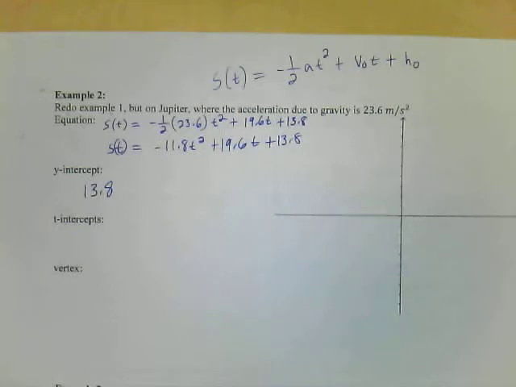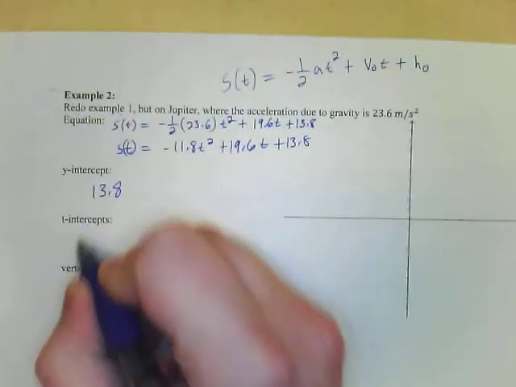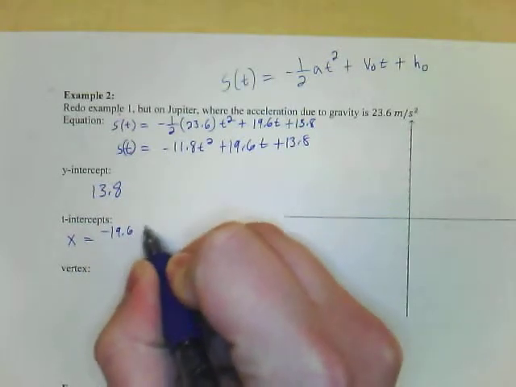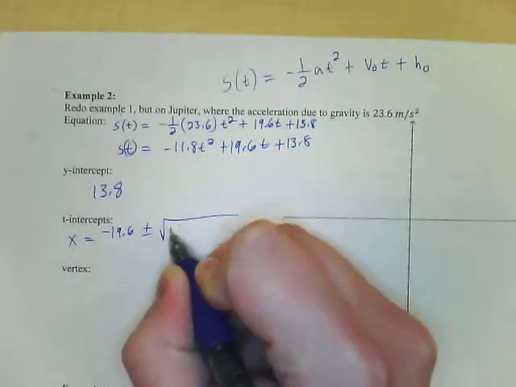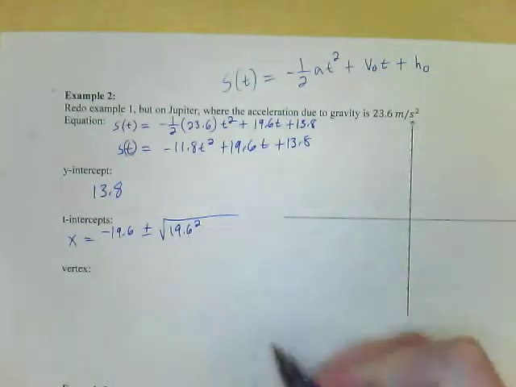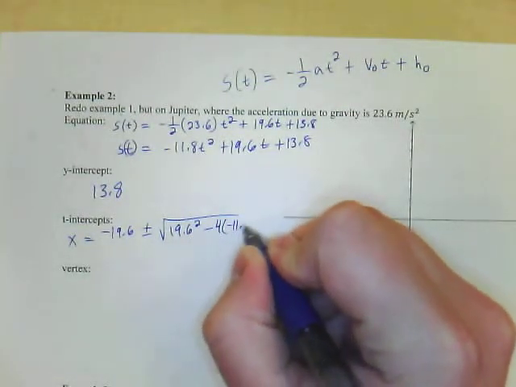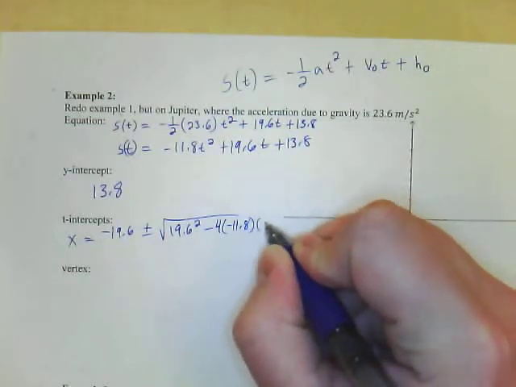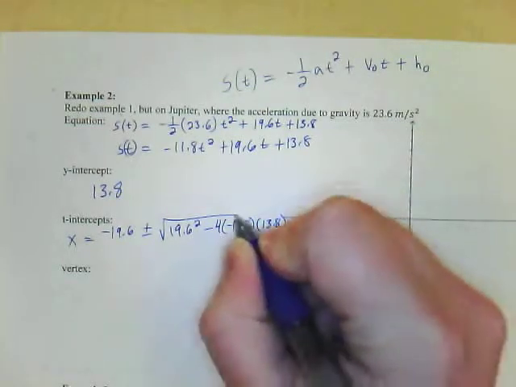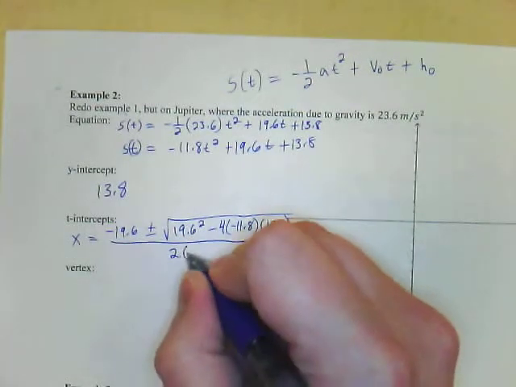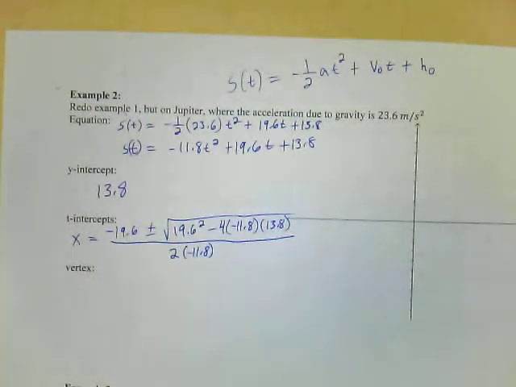So if we work through the quadratic formula here, we get t equals negative b, which is negative 19.6, plus or minus the square root of b squared, so that's 19.6 squared, minus 4 times a, which is negative 11.8, times c, which is 13.8, all over 2 times a, which is 2 times negative 11.8.